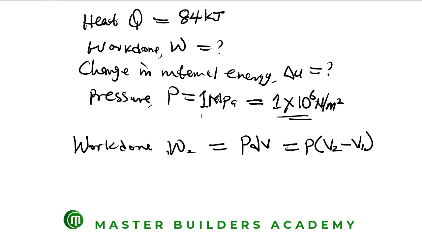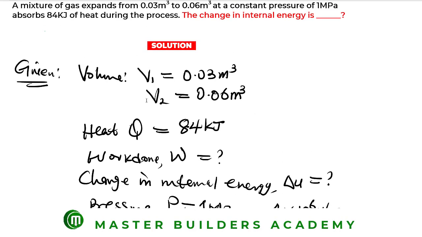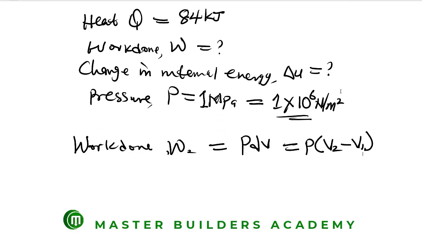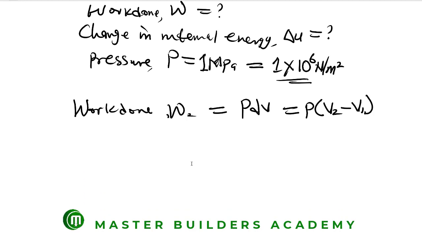So these parameters we have here, V1, V2, and the pressure that we are given, enable us to find work done. Having obtained work done, we just remember the first law of thermodynamics, and then we apply the equation. We are good to go with the internal energy. Are we there? So okay, let's move on.